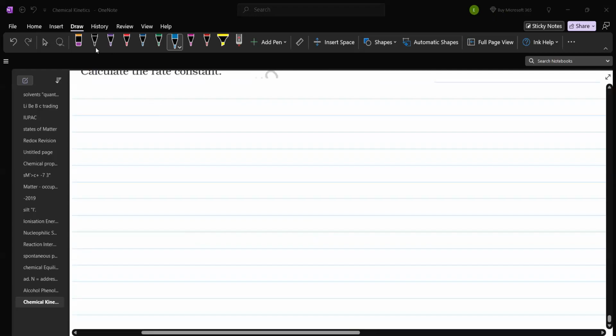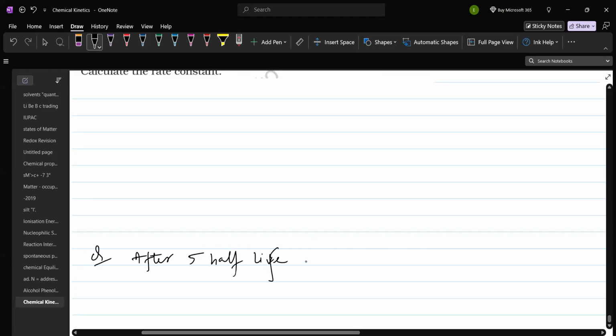Okay. One more question I am giving you related to this question only. Please try to solve this. Question is, after 5 half-life, what amount of reactant will remain?